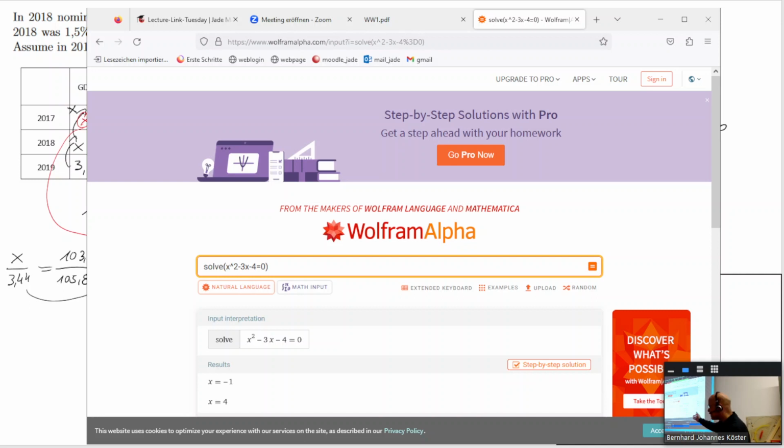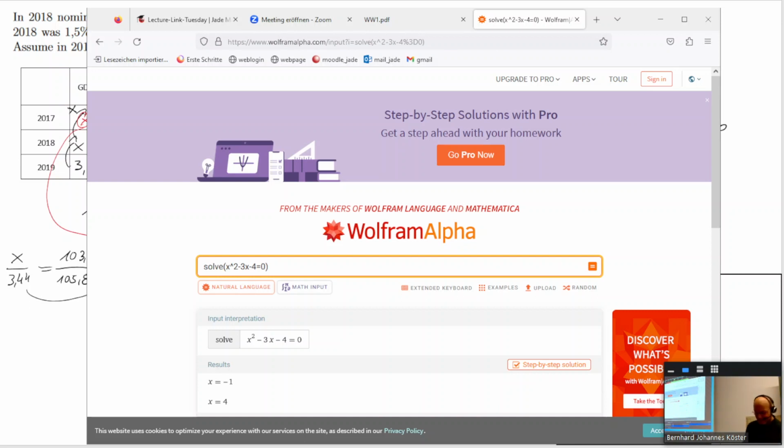And of course, using this tool, you should know the PQ formula or midnight formula to solve quadratic equations. Because then you know what you are doing, and then you can also judge the output. And think of ChatGPT and other AI chatbots. You always, as a human being, have to judge the output.